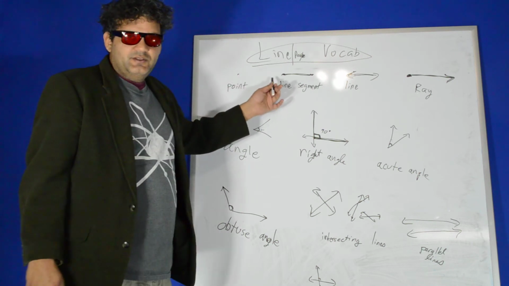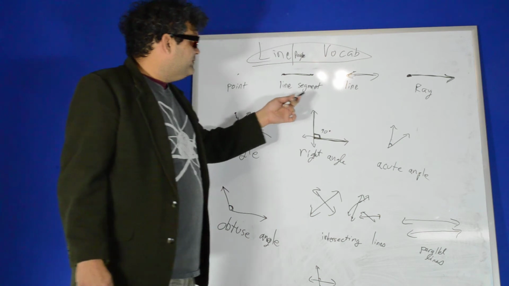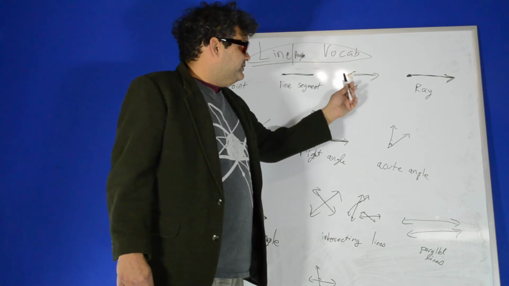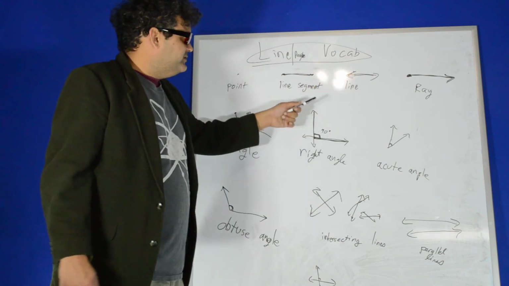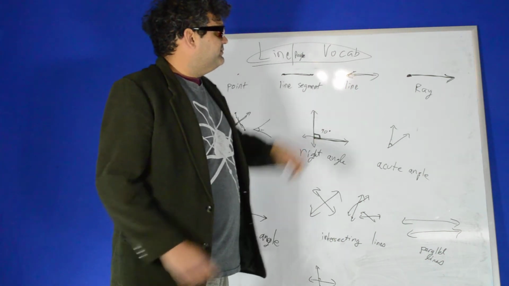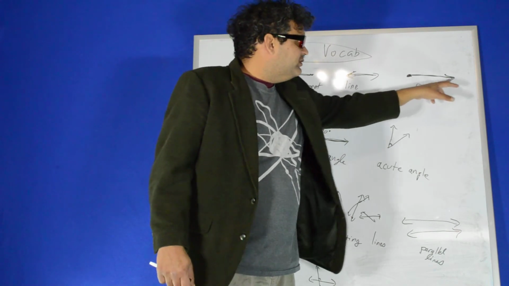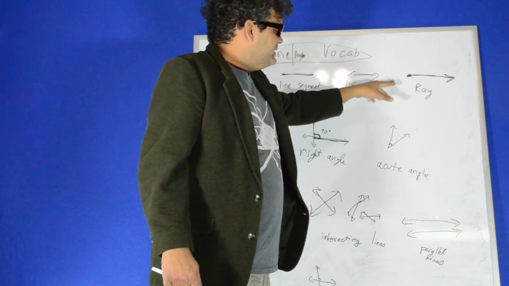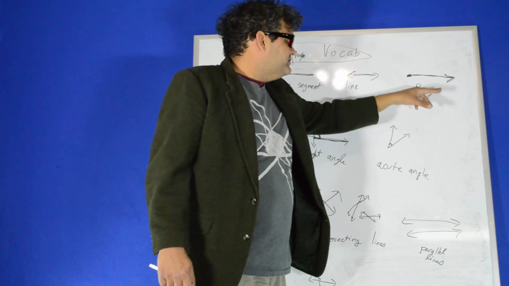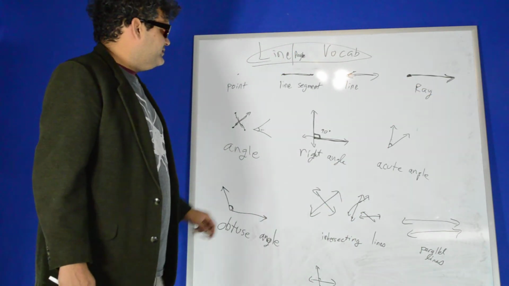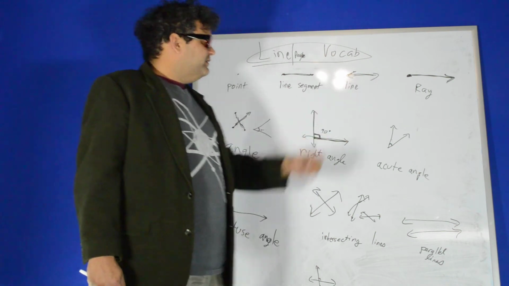A line segment is when you have 2 points. A line is whenever you have points going infinitely in both directions, and you draw an arrow on both sides. A ray is where you have a dot on one side and an arrow on the other side. It's kind of a line segment in one direction, and that ends. That's why it's not 2-directional like a line.